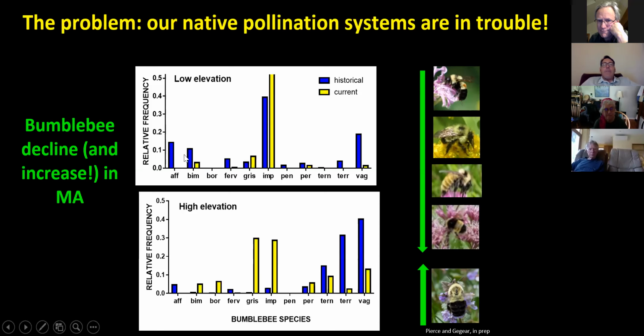Bombus affinis, the rusty patch bumblebee, is shown here as the one that's on the endangered species list. But there are others like Pennsylvanicus and Terricola that used to be at low elevations, but we don't see them anymore. Similarly, at high elevations, affinis is no longer there, and we see dramatic drops in Terricola.